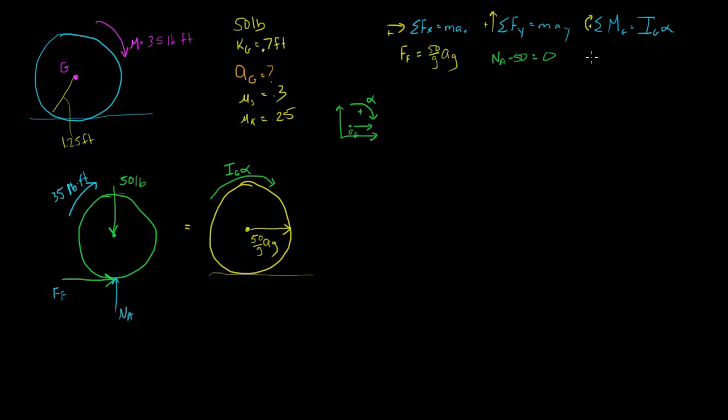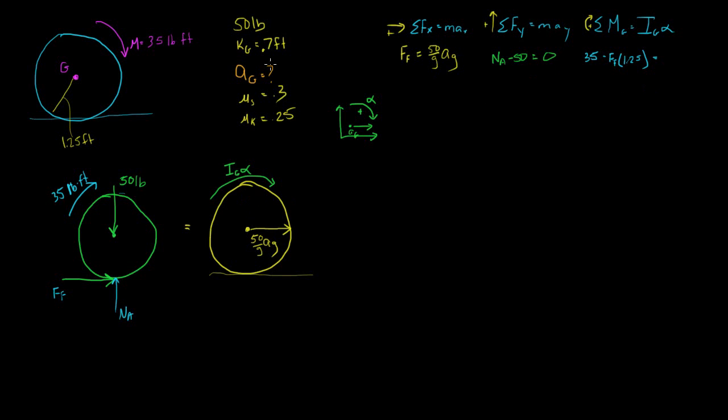So if it rotates this way, we're going to have a positive 35, and we're going to have a minus frictional force times the perpendicular distance, and this perpendicular distance is 1.25 feet. And this is equal to this moment of inertia times alpha, and this is positive.